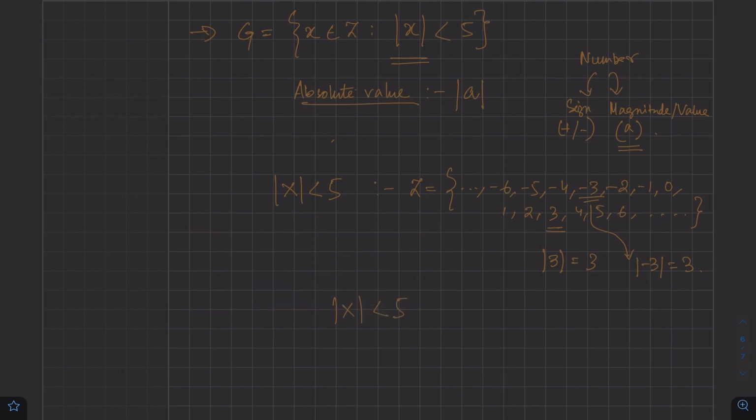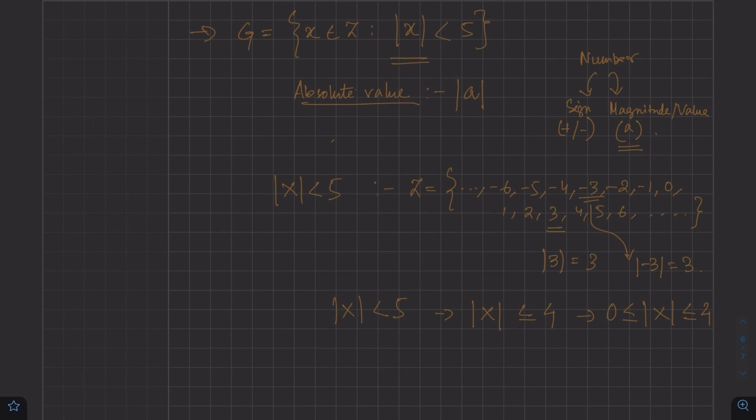So we need to find all such x's which are integers whose absolute value is less than 5. So we can rewrite this condition like this, and obviously for any absolute value the minimum number will be 0 because an absolute value doesn't have any sign associated with it. So by default, the minimum value should be 0 and positive.